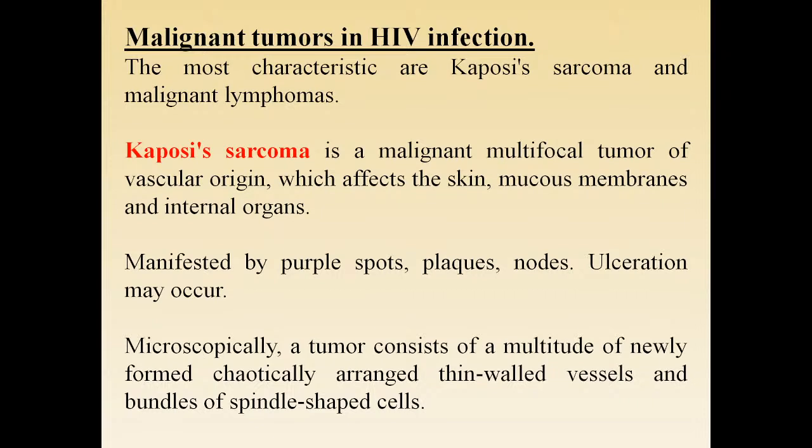It is manifested by papules, spots, plaques, and knots with ulceration. Microscopically, the tumor consists of a multitude of newly formed, chaotically arranged thin-walled vessels and bundles of spindle-shaped cells.